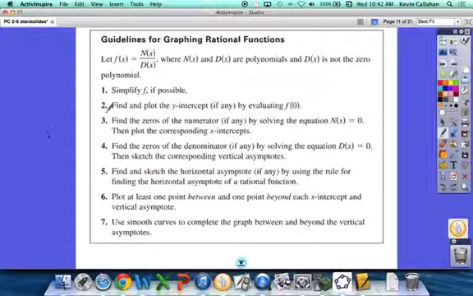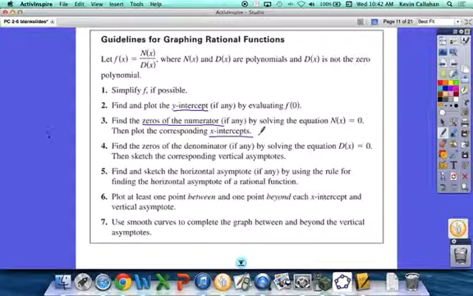The second step is find the y-intercept. Okay, how do you find a y-intercept? You plug in x equals 0, right? The next step will be find the zeros of the numerator, because the zeros of the numerator will be the zeros of the function, right? So the zeros of the numerator are the x-intercepts.